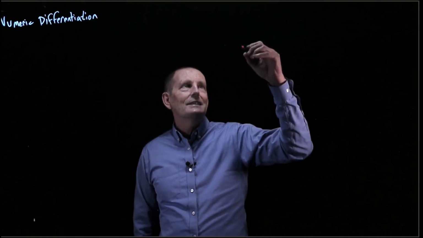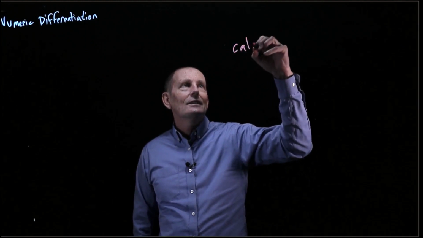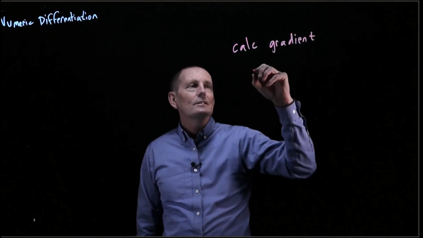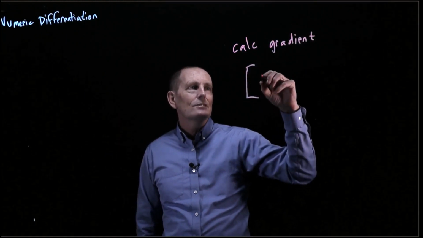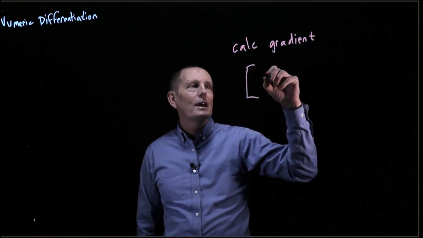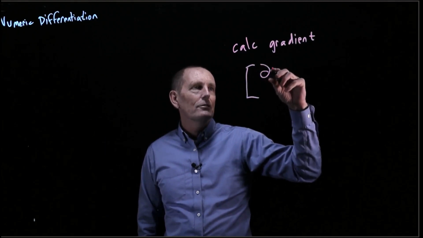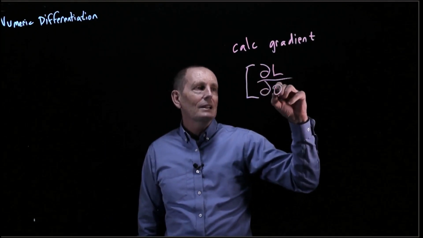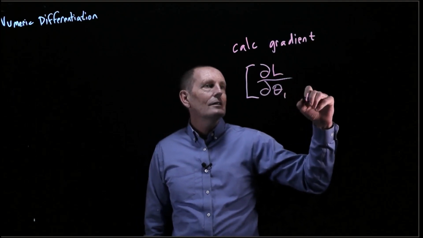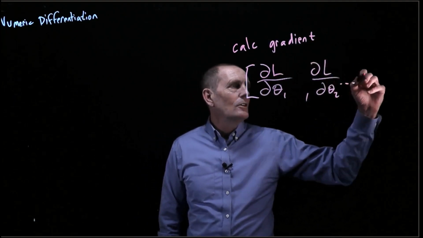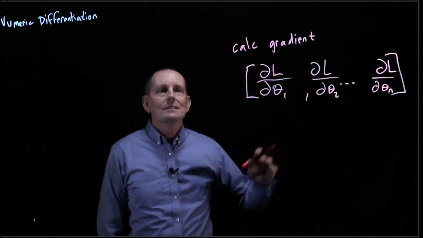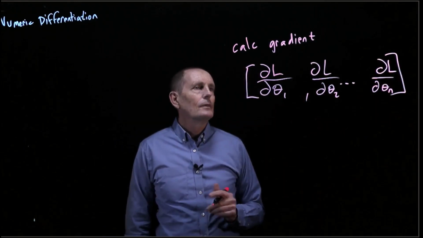And basically the idea is you calculate the gradient, where the gradient is going to be some array of partial derivatives, where we're looking at the loss with respect, let's say, to theta 1, the loss with respect to theta 2, all the way to the last parameter.